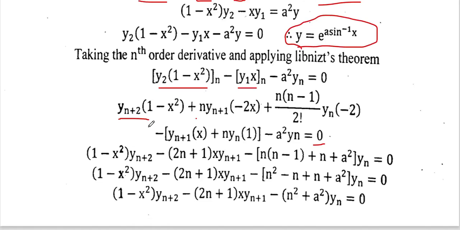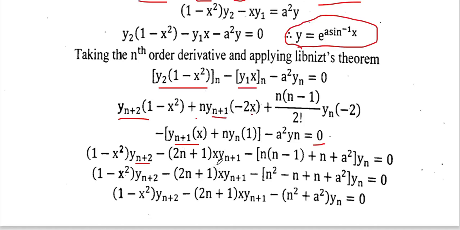Take y n plus 2 as it is, the term 1 minus x square y n plus 2, as it is. Now here we will take n y n plus 1 and x as common from this term and this term. So what is in the bracket? Here is 2n and here is plus 1.